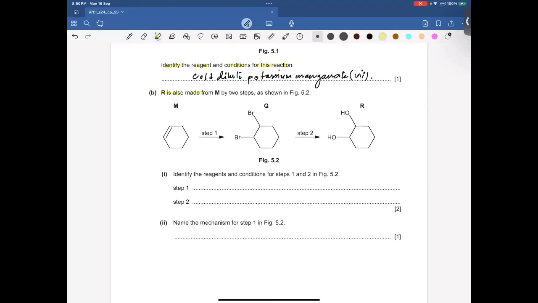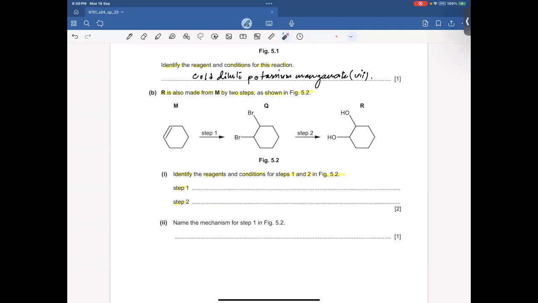R is also made from M by 2 steps as shown in figure 5.2. Identify the reagents and conditions for step 1 and 2 in figure 5.2. Step 1. So I'm adding bromine on the adjacent carbon atoms, which means this must be aqueous bromine, and bromine is replaced by OH.